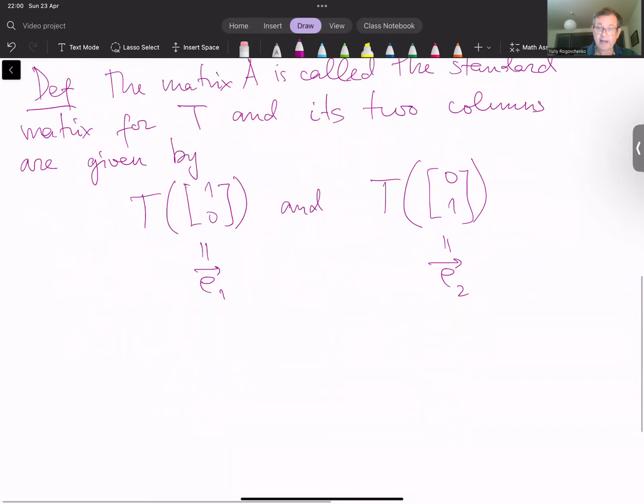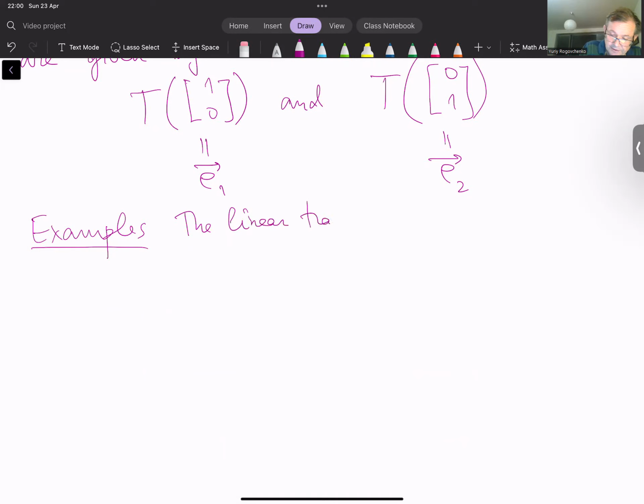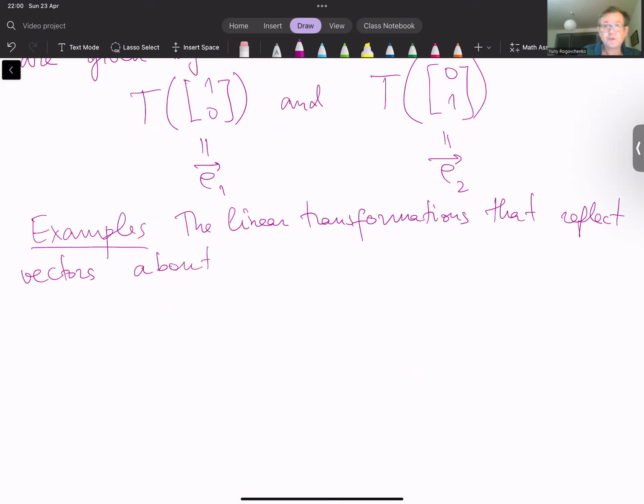Next, we will have several examples to illustrate linear transformations. So the linear transformations that reflect vectors about, and we will consider 3 different cases.